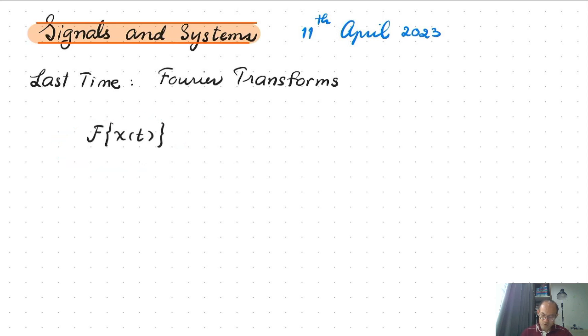The definition of the Fourier transform is the integration of the signal x multiplied by e to the negative j omega t, integrated with respect to time over the whole range of time, from negative infinity to infinity. That's the definition.